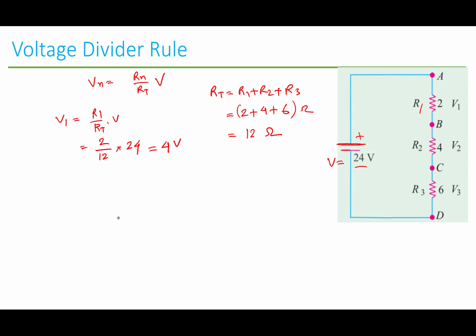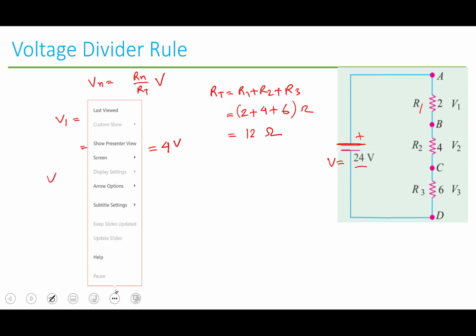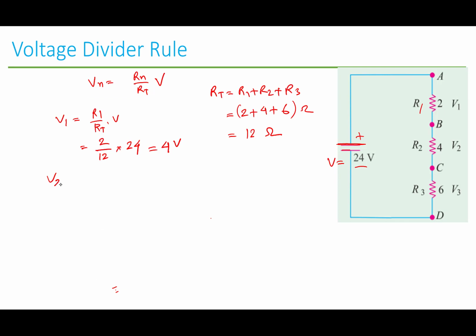In a similar way, using the voltage divider rule, V2 equals R2 over Rt times 24, so 4 over 12 times 24 equals 8 volts. V3 equals, similarly, 6 over 12 times 24, which equals 12 volts.